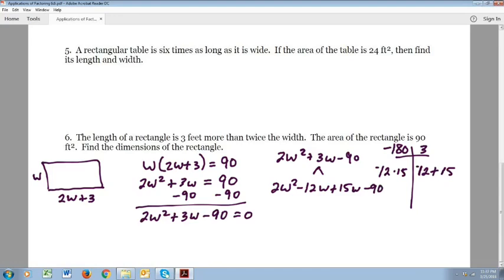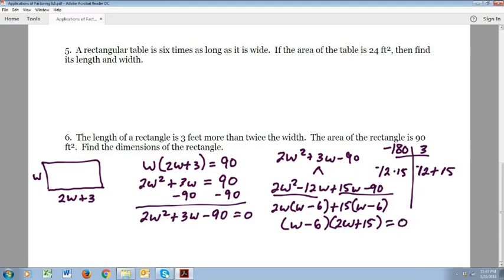And factor by grouping. So we can factor out a 2w here times w minus 6. So here we're going to need a 15. Notice 15 times w is 15w. And 15 times negative 6 does give you negative 90. So you end up getting w minus 6 times 2w plus 15.